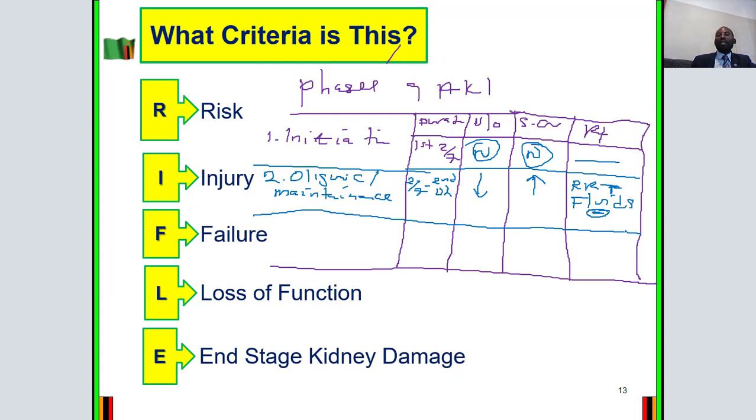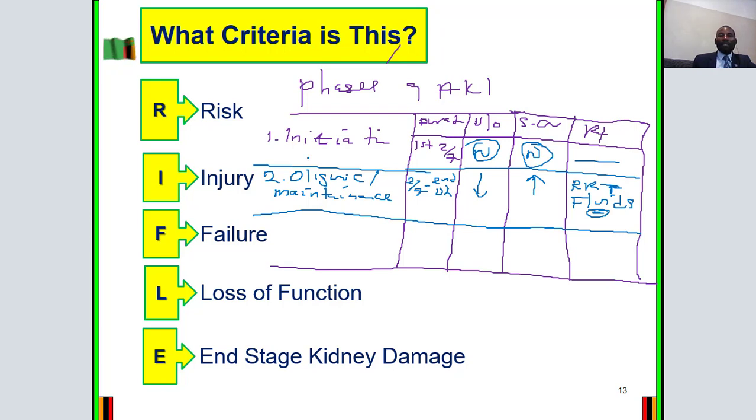Oliguric is the maintenance stage, and the duration is 2 days to the second week. The urine output is going to decrease, the serum creatinine is also going to increase, and the patient may require renal replacement therapy, and at this point you have to restrict the fluids.